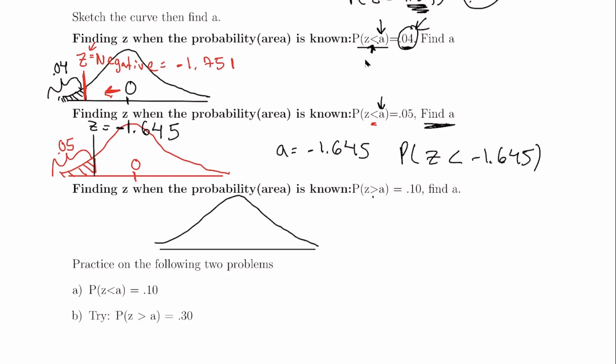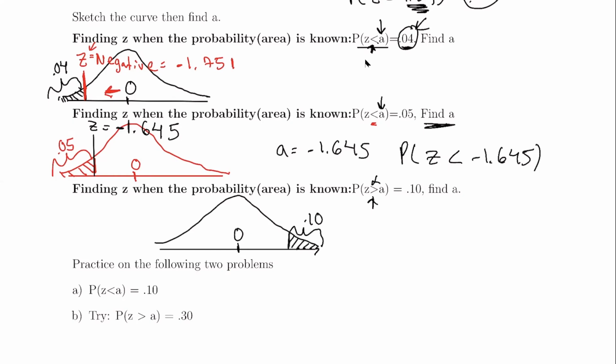All right. So if you look at it, the reason I know it's the right side is because it says greater than. So greater than means the right side. So let me put 0 right here. And since it's on the right side, this is going to equal 10% or 0.10.